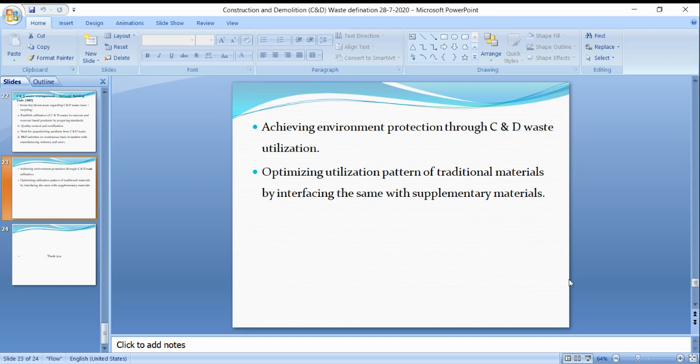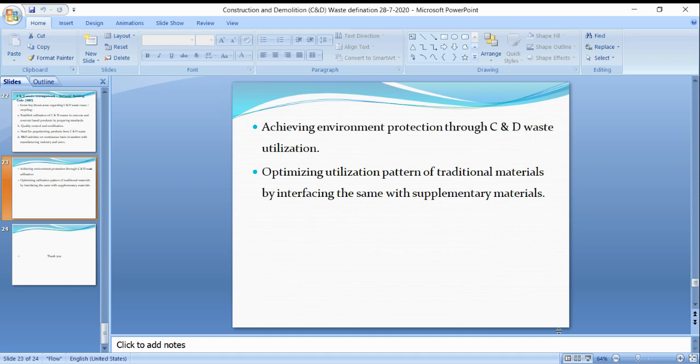So this is some of the rules which are followed by the construction and demolition waste management. So at last, totally what we have to see is that at the time of the construction only, if we use quality material, then it can be reused or recycled.